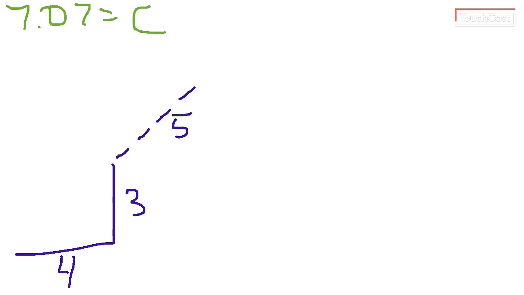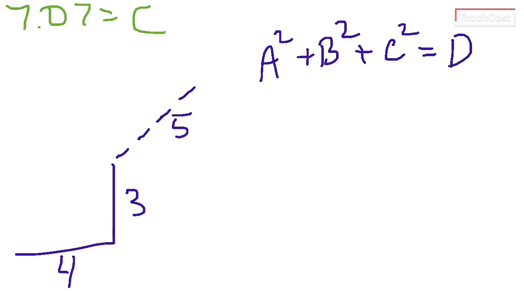Our second way is, again, a squared plus b squared, but we're going to go one more dimension. So plus c squared equals d squared. We can even consider d stands for displacement. It doesn't matter. Now what you have here is a, b, c, and d is this line of displacement.